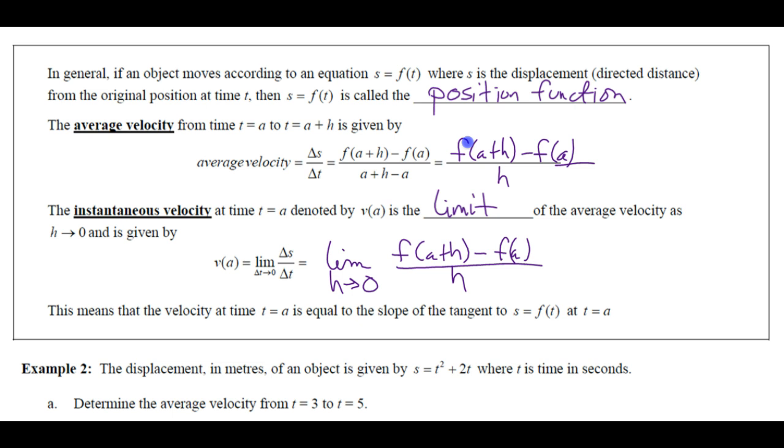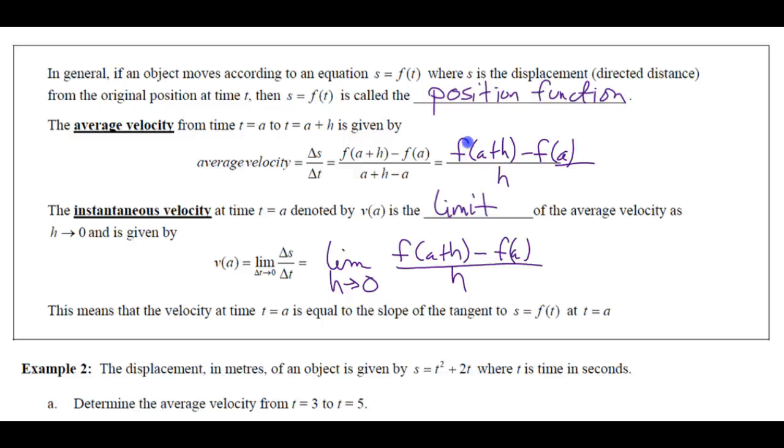As we bring that closer, it means the velocity at time t equals a is equal to the slope of the tangent to the position function, s equals f of t, at time t equals a.